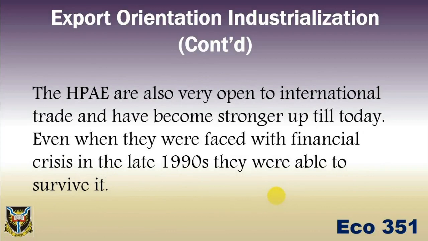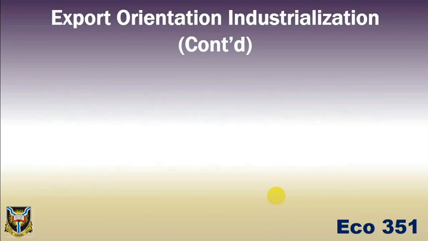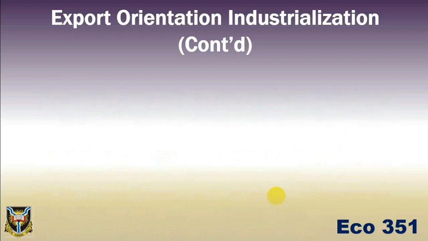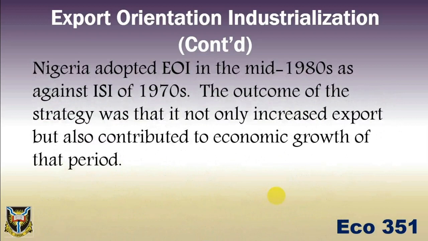The lesson from this is that import restriction is not a tenable policy for growing or diversifying the economy. Rather, the policy of export orientation appears to be beneficial. Nigeria adopted export orientation industrialization in the mid-1980s as against the import substitution industrialization of the 1970s.